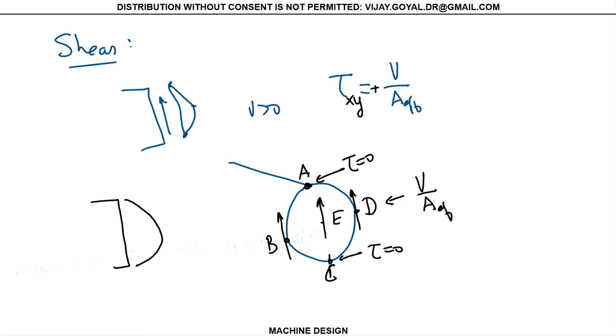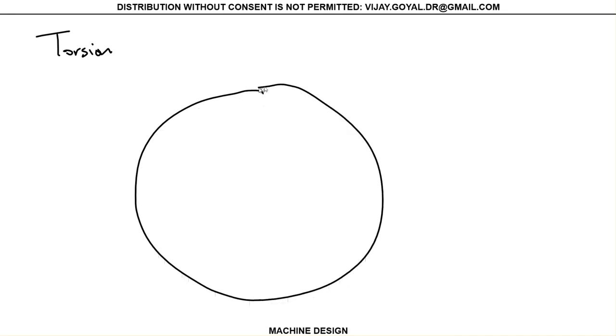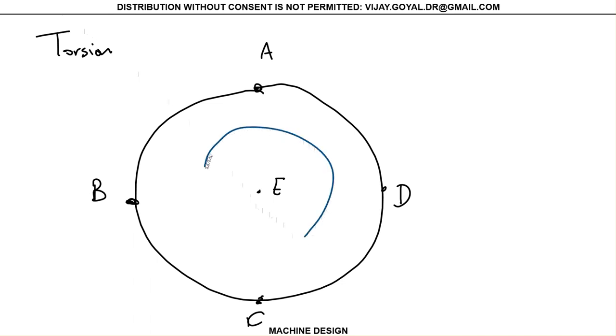Now, there's one more loading condition we have to consider, which is the torsion. Torsion can be a little bit trickier, so I'm going to draw the cross section. Point A, point B, C, D, and E. You can see that for a positive torque T acting in this direction, the stress experienced here is in this direction.